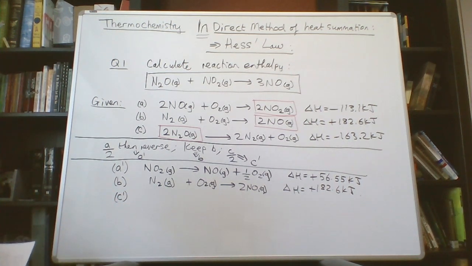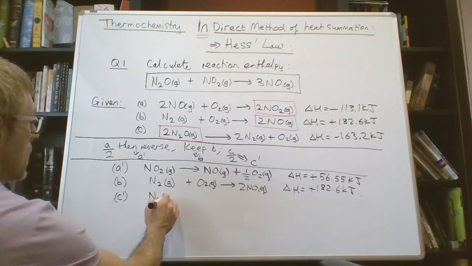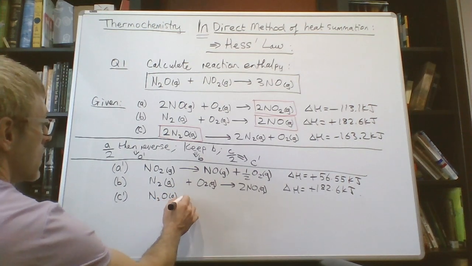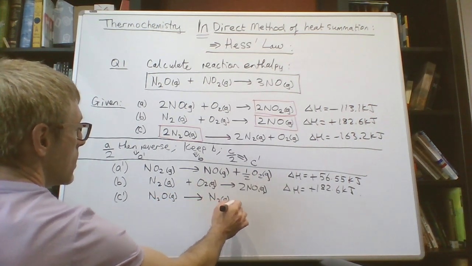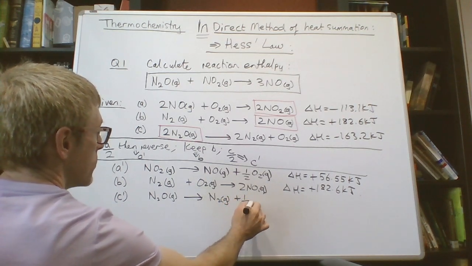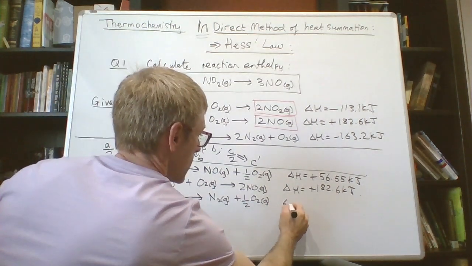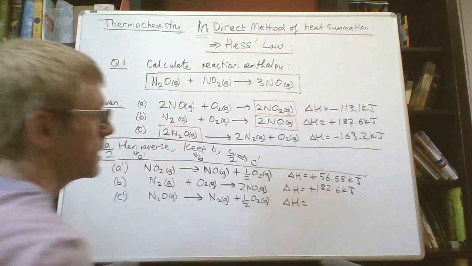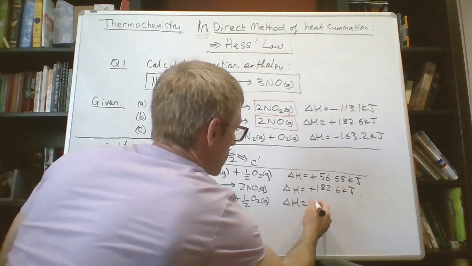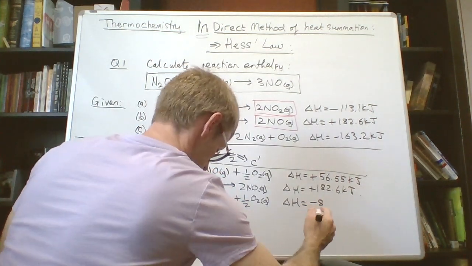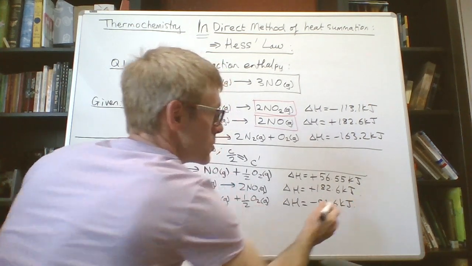So C divided by 2 is just going to be N2O gas to give N2 gas and a half O2 gas. And the enthalpy here is going to be negative 163.2 divided by 2, which is negative 81.6 kilojoules.